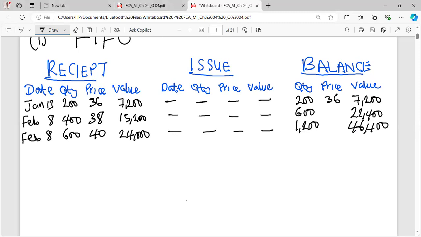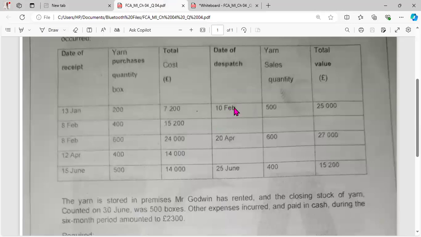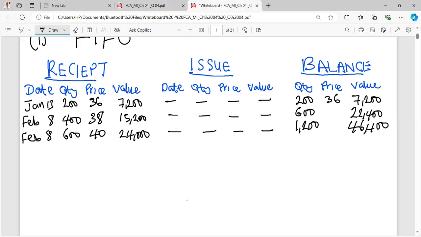All right. Then the next is on February 10. We gave out 500. So we'll come here, February 10. That means here will be dash, dash, dash, and dash. So February 10, we gave out 500.